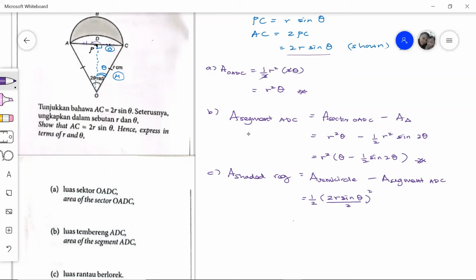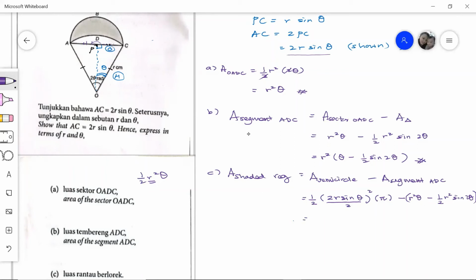Using the same formula, half R squared theta. So we found the radius of the semicircle and the angle is pi. And minus the area of the segment, which is R squared theta minus, so together, okay, let's just put it like this, minus half R squared sine 2 theta.